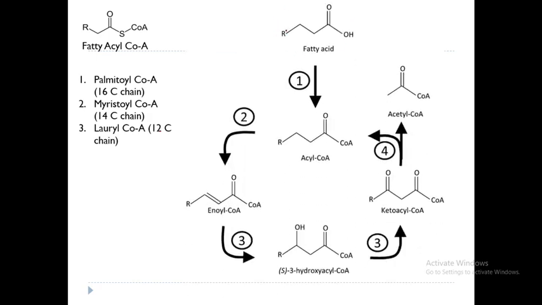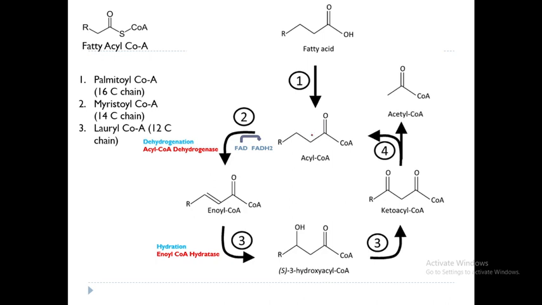Okay, now let us see how it happens. So this is the fatty acid. Now this is converted to acyl-CoA. Now it enters into the mitochondria. What happens when it enters into the mitochondria? The first step is the dehydrogenation process, where there is removal of hydrogen. So FAD is converted into FADH2, and this reaction is catalyzed by the enzyme acyl-CoA dehydrogenase.